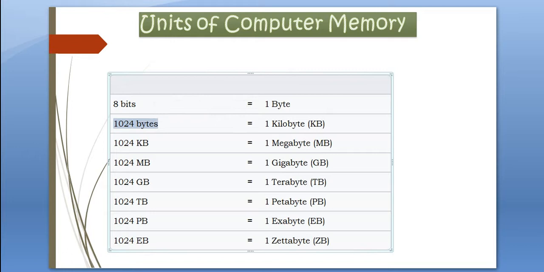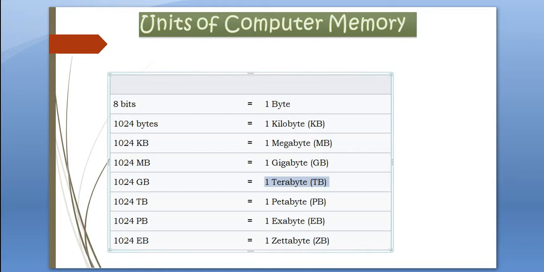1024 bytes is equal to 1 kilobyte or KB, 1024 KB is equal to 1 megabyte or MB. 1024 MB is equal to 1 gigabyte or GB. 1024 GB is equal to 1 terabyte or TB. 1024 TB is equal to 1 petabyte or PB.